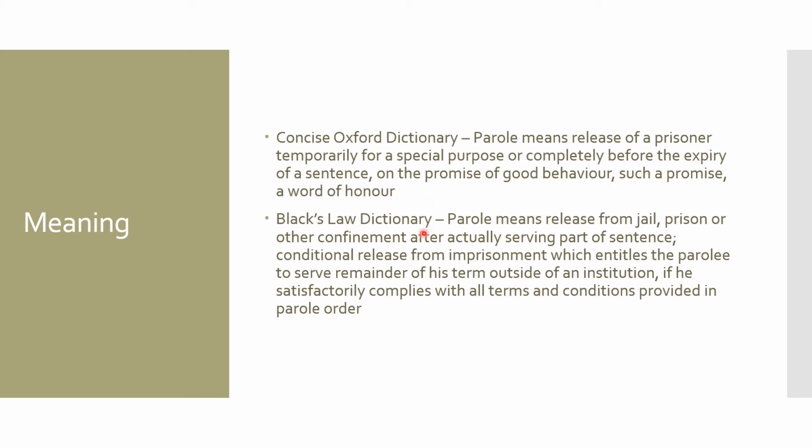Black's Law Dictionary says parole means release from jail, prison, or other confinement after actually serving part of the sentence. It also says that it is conditional release from imprisonment which entitles the parolee to serve the remainder of his term outside of an institution if he satisfactorily complies with all terms and conditions provided in the parole order.